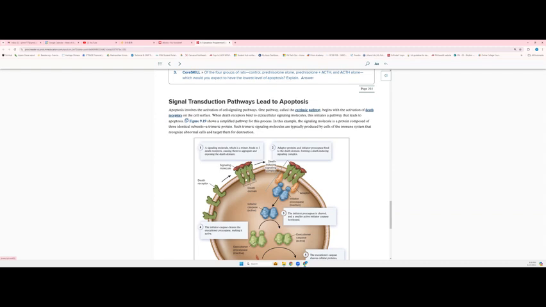The trimer binding to the receptor will cause the death receptors to aggregate together. Because of the binding, it will generate a death-inducing signaling complex.